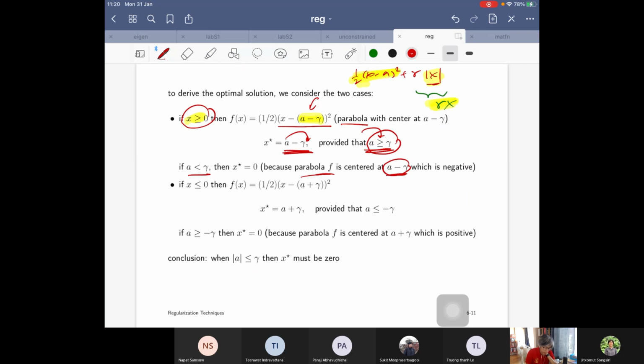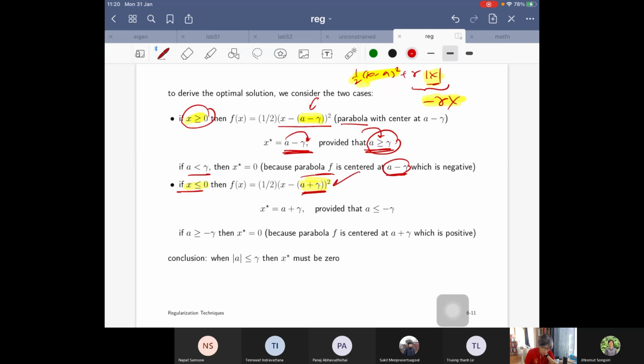Now, the second case is when x is negative. When x is negative, you look at this cost objective, and this becomes minus gamma x, because x is negative. Then again, you complete the square, the sum of the two yellow terms, and it becomes a parabola again, but now centered at a plus gamma.